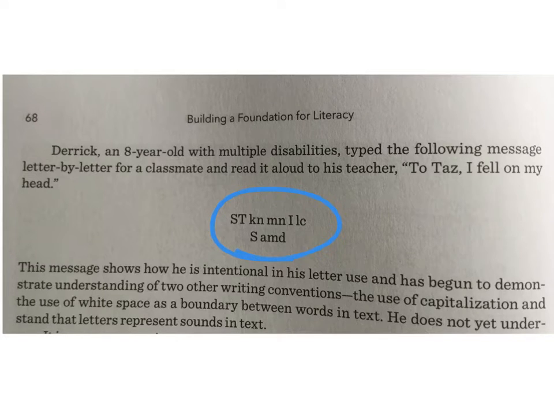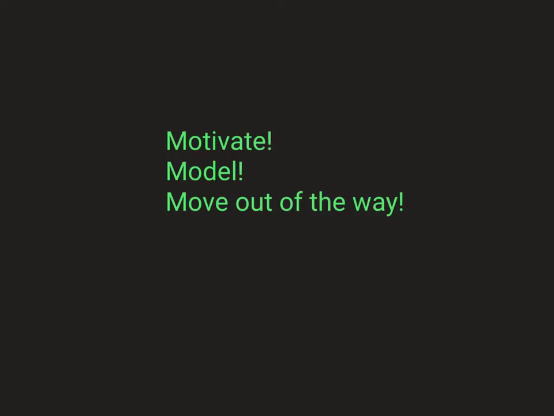When we're supporting students who are at the emergent stage of writing, especially those students who are older, it's super important to motivate them. This method called motivate, model, move out of the way is almost like a sneaky way of getting them to want to write by letting them think that you don't really care whether they write.